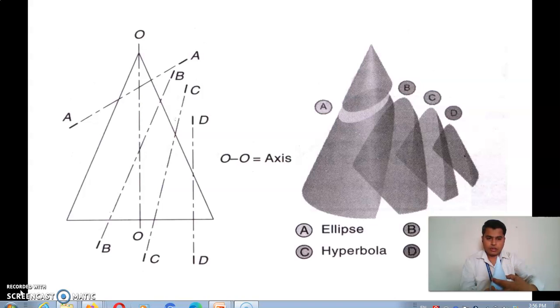Close by are two extreme generators, meeting at the same apex. If we cut this cone by some cutting edge or some knife at different angles, we are getting either an ellipse, parabola or hyperbola. That is what I want to show you.